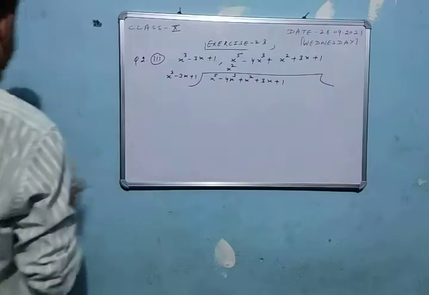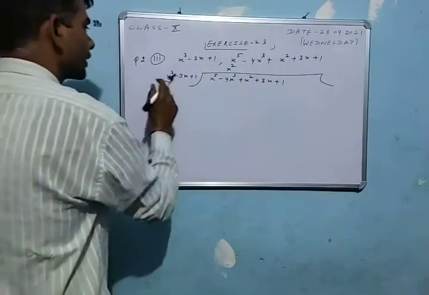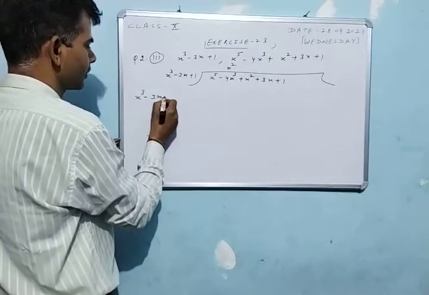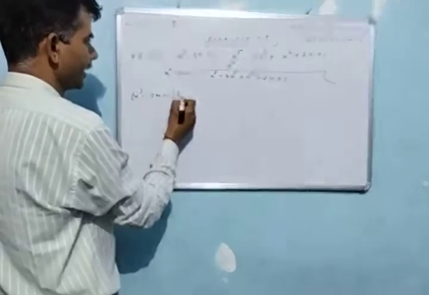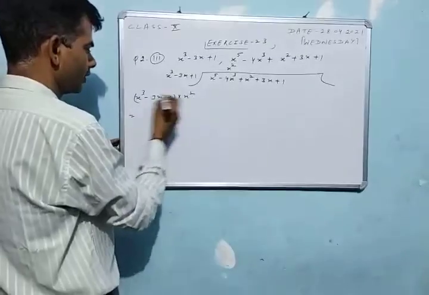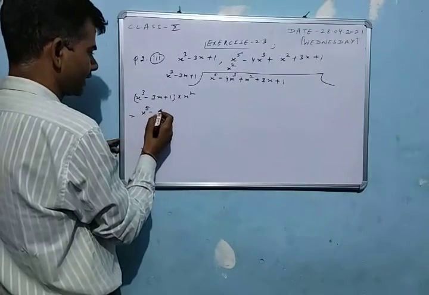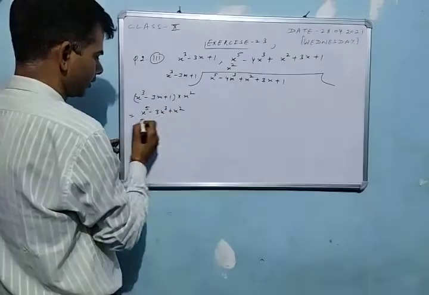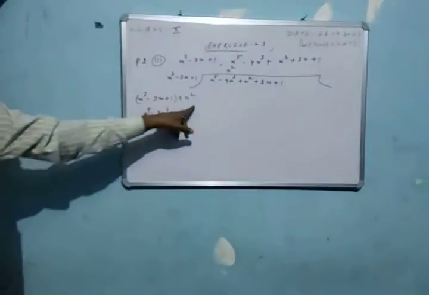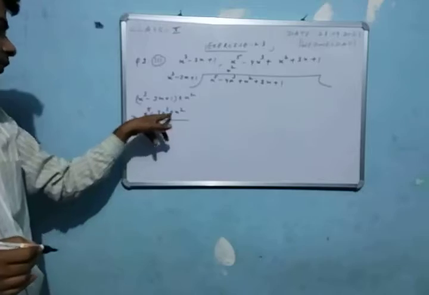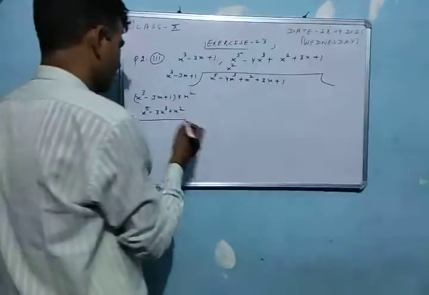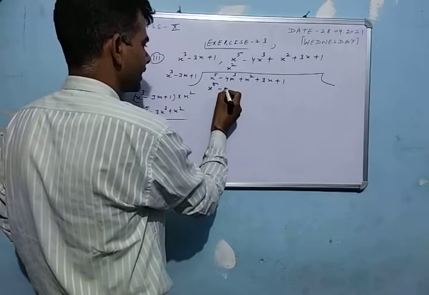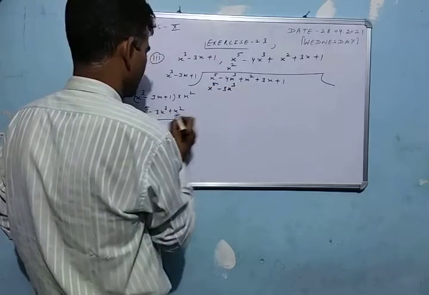Now x raised to power 2 multiplied with this x cube minus 3x plus 1. Multiplied with x square, the result will be x raised to power 5 minus 3x cube plus x square. Student, like terms come: x raised to power 5 minus 3x cube plus x square.